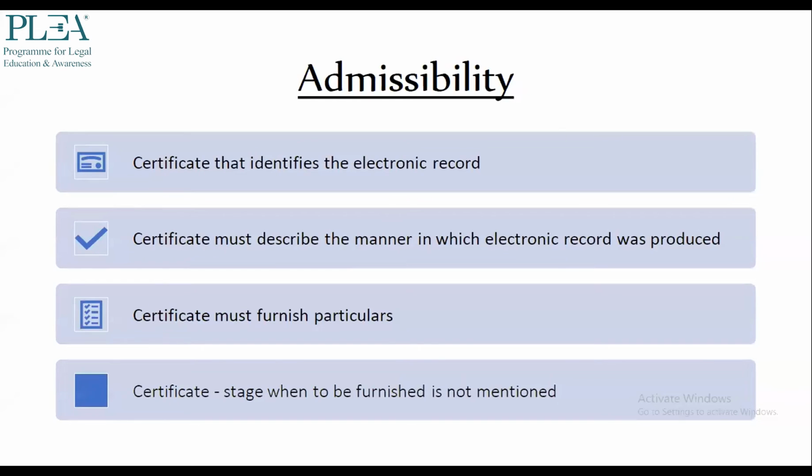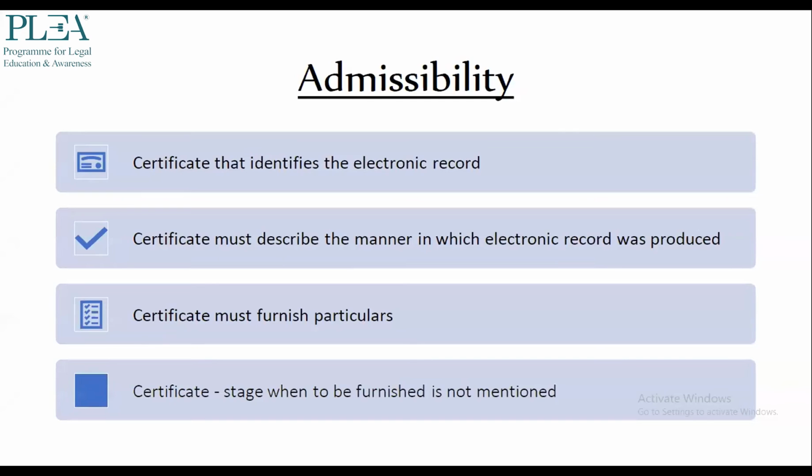Say 30 lakhs have got transferred from account A to B on such and such dates in so many installments, say 5-6 times the transaction has happened. So he will come and validate it. What stage it will be, the court will decide. That's why it is not mentioned anywhere in 65B of the Evidence Act. It talks about the certificate and admissibility, but it does not talk about the stage when it has to be given or furnished in the court of law.